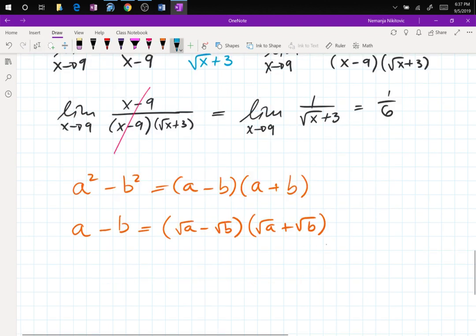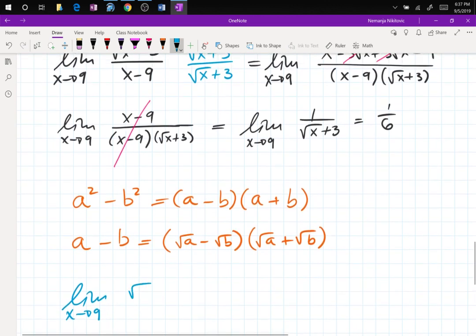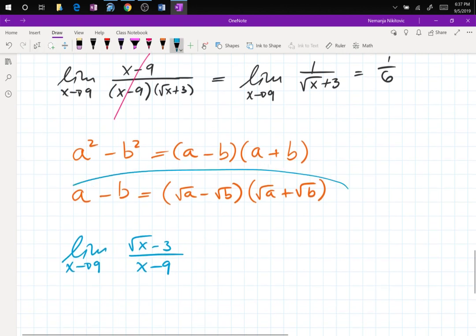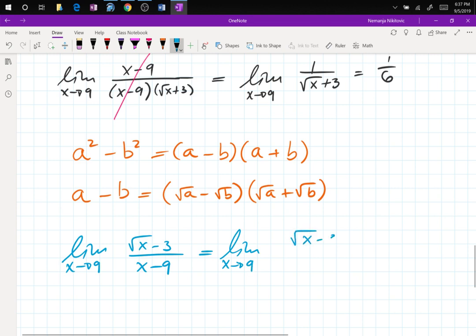So, when you have the same problem as above, limit x goes to 9, and then you have root x minus 3 divided by x minus 9, you unleash this formula upon the denominator, right? And you get, that's a good one, limit x goes to 9, root x minus 3, and now when you factor the denominator, you get root x minus 3, root x plus 3.